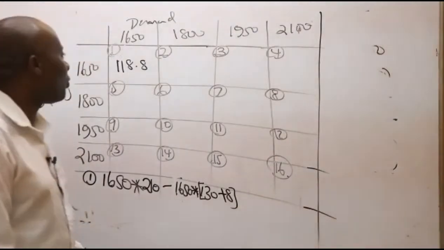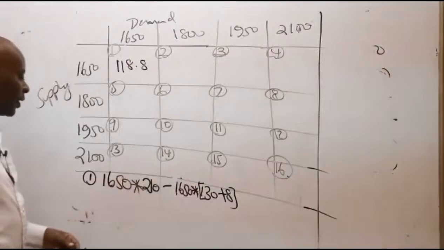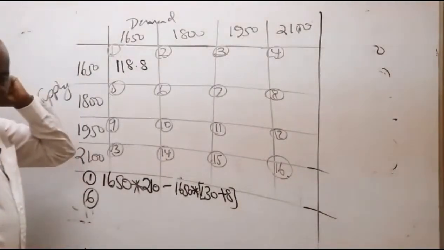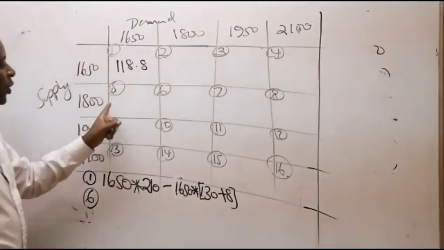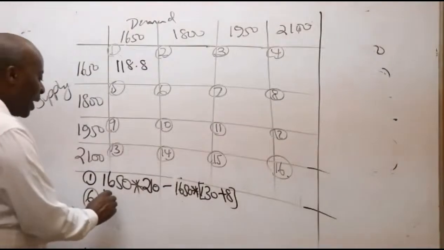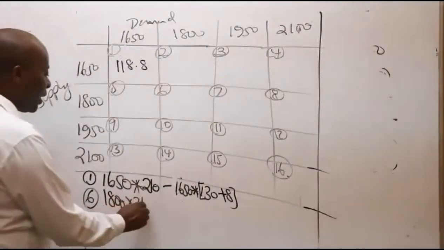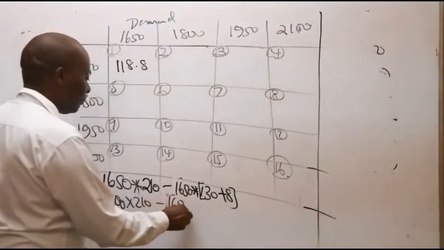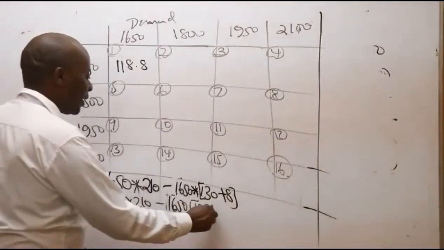Let us go first for the perfect matches. Perfect matches, number 6: I can see it's 1800 versus 1800. So here I have 1800 times 210 minus 1650 into 138.